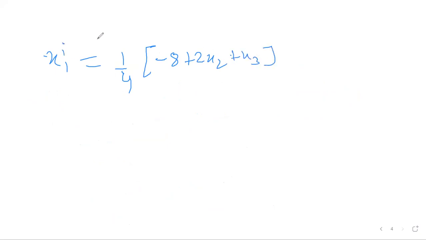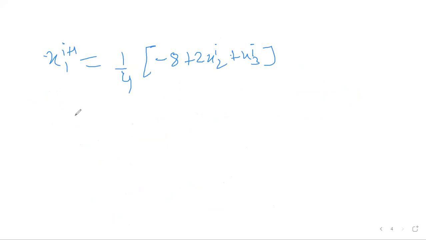Now what you do is write it down. x1 is equal to 1 by 4 times minus 8 plus 2x2 plus x3, and these are at the ith iteration. This is I plus 1.